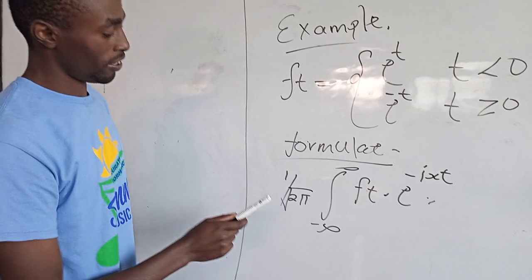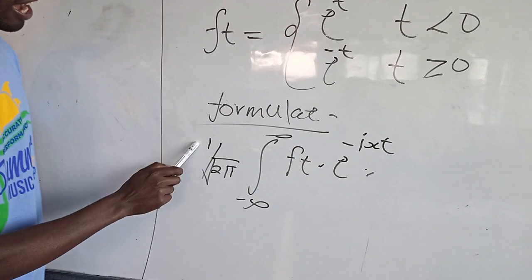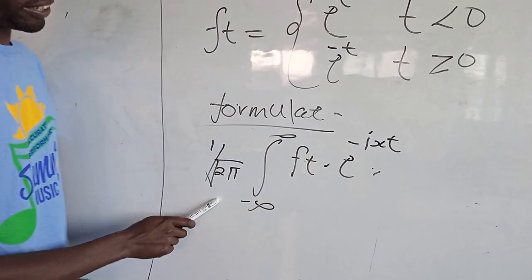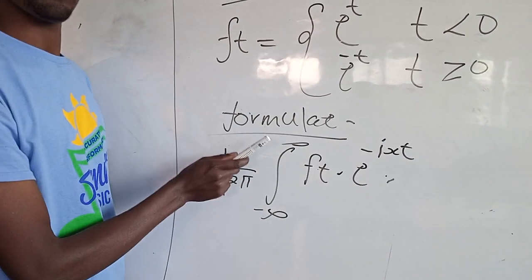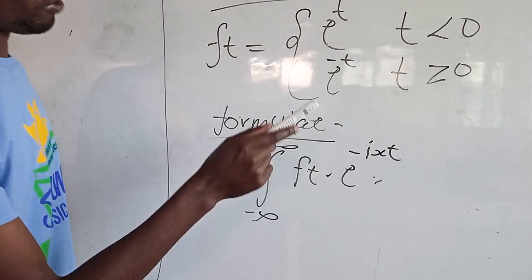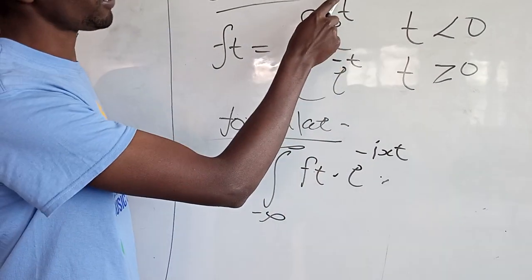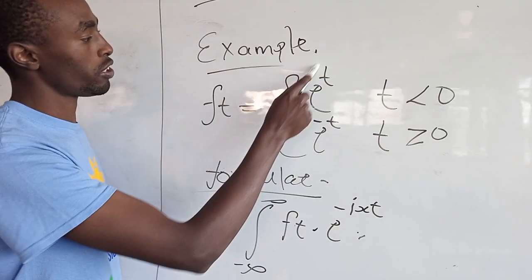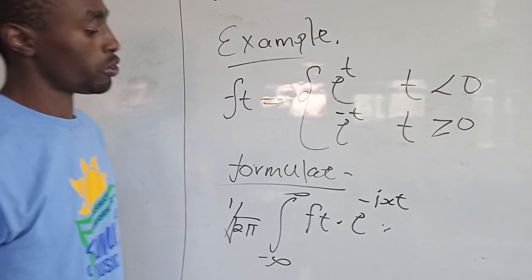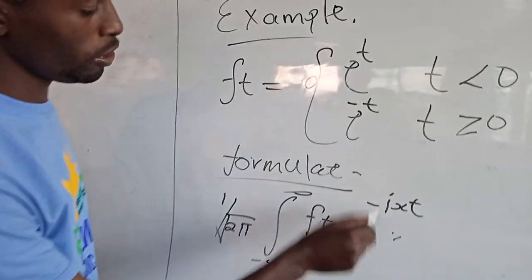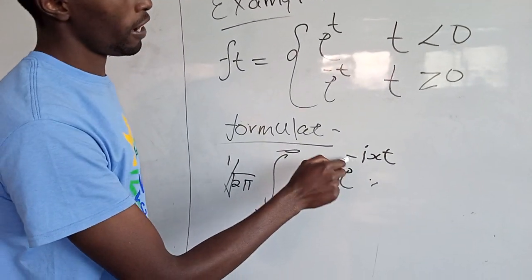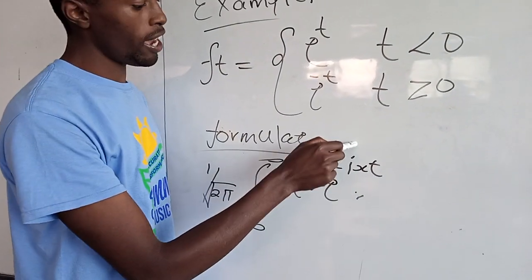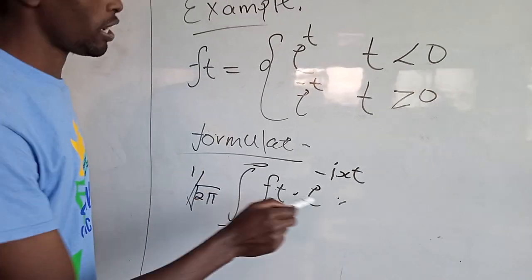Our formula is this one: 1 over root 2 pi, integration from negative infinity to infinity, of f(t), because the function is a function of t, multiplying by e^(-ixt), where i stands for imaginary.